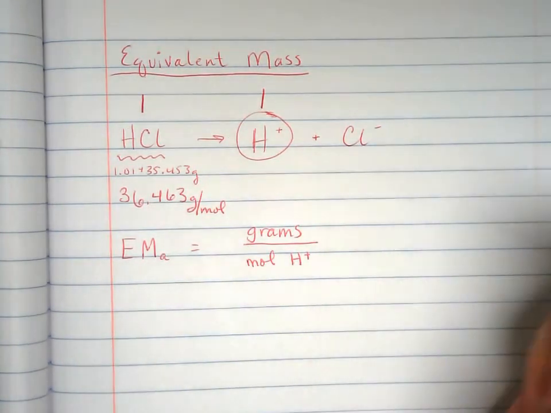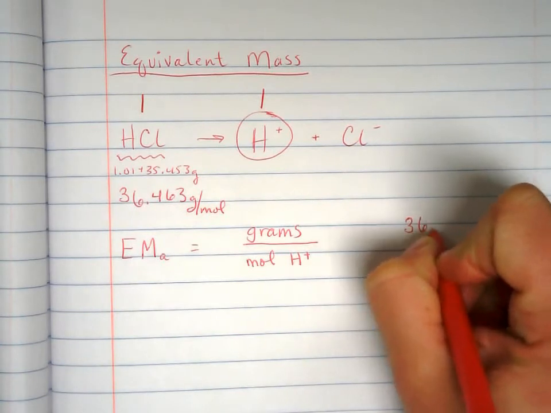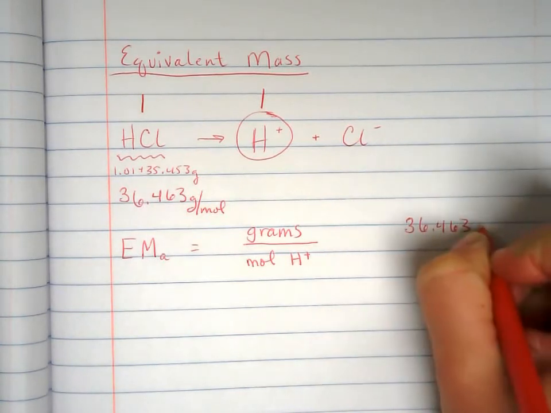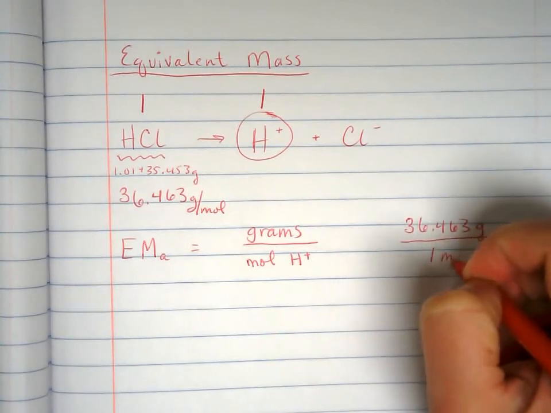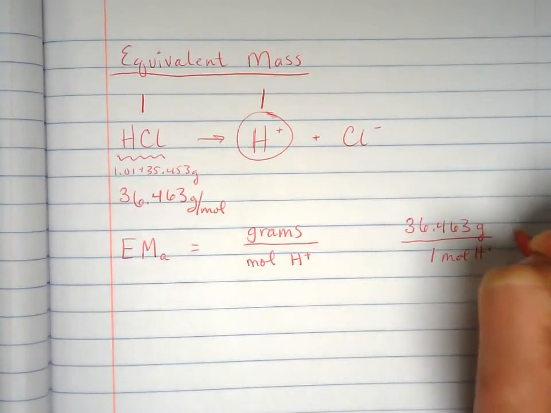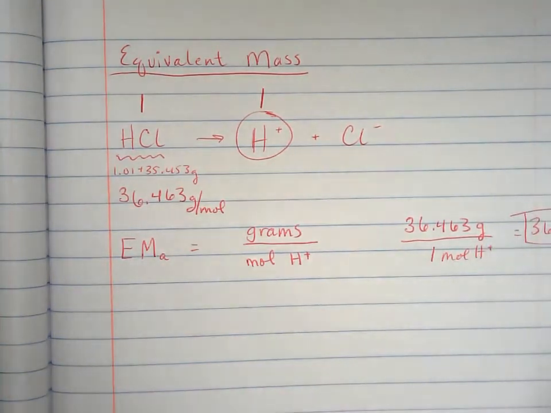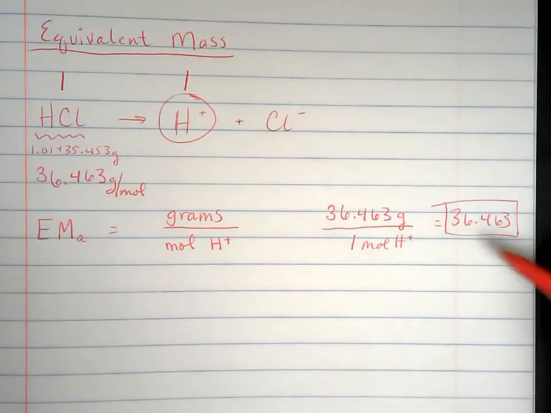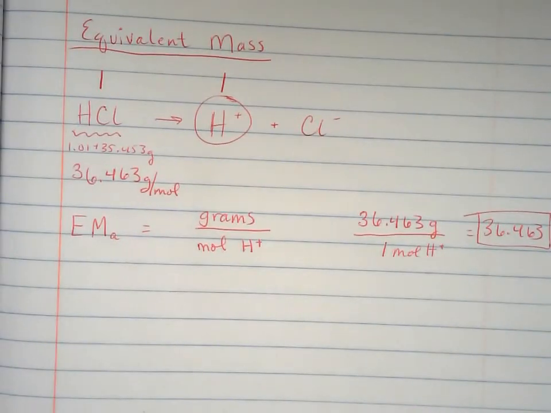So in this case, my equivalent mass for HCl would be 36.463 grams of HCl, and that would give me 1 mole of H+. So my equivalent mass would be 36.463 grams per mole of H+. Oops, you can't see that. Right? It's pretty straightforward.